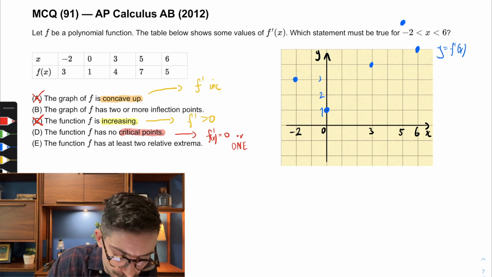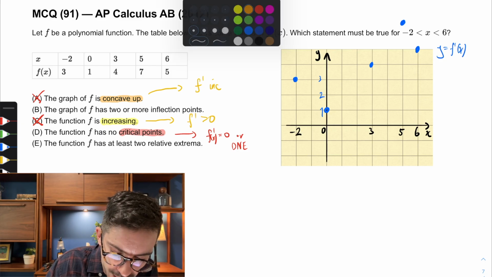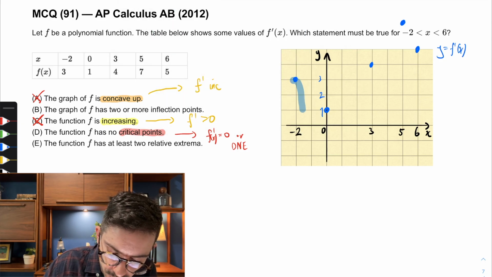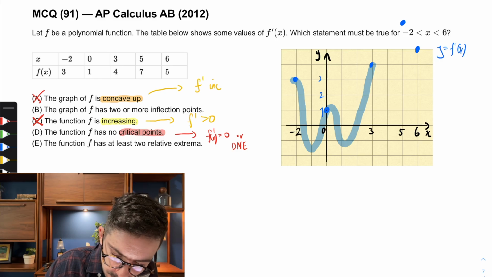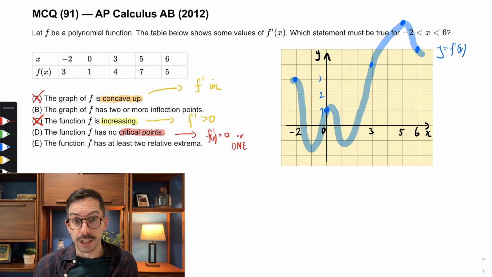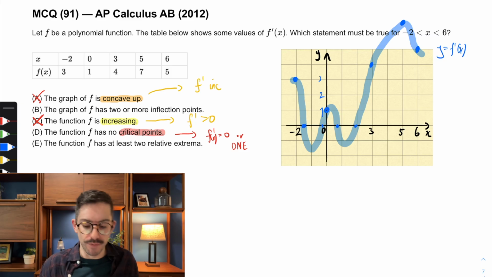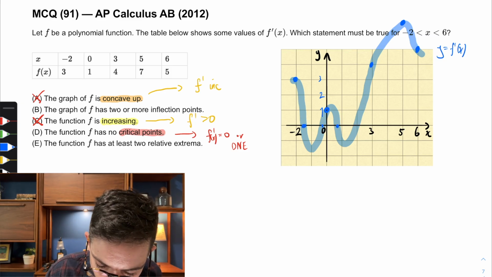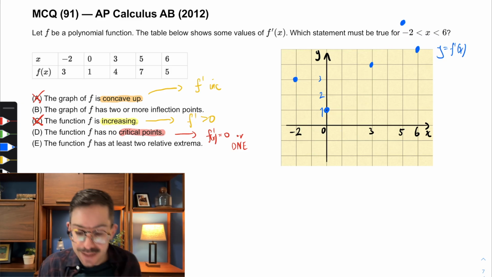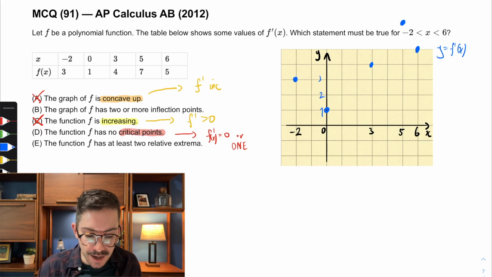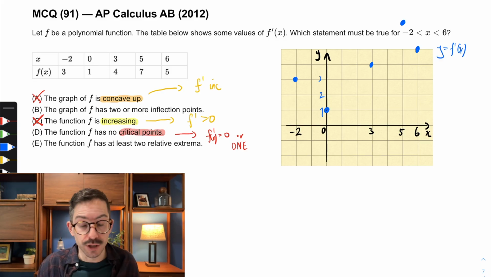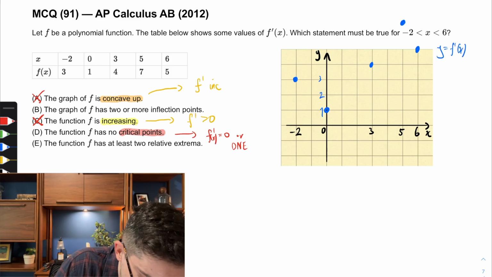But we saw an example already of an f prime that hits these 5 points but is occasionally 0. Each of these zeros of f prime would give me a critical point of f. So this needn't be true. It needn't be the case that f has no critical points, because we cooked up an f prime that can be 0. So it's not answer choice D.